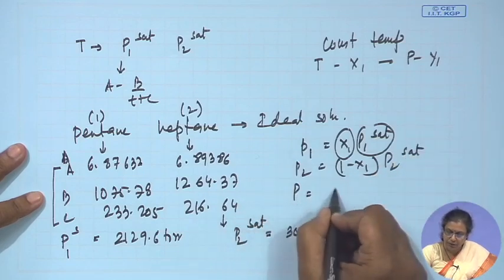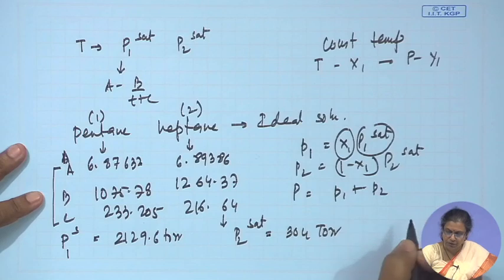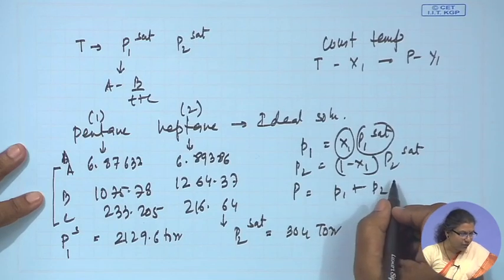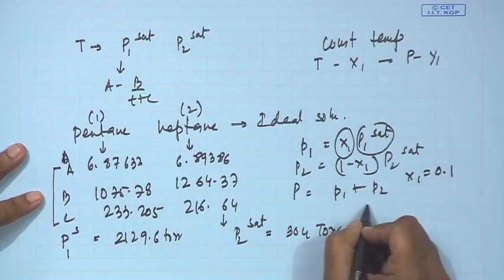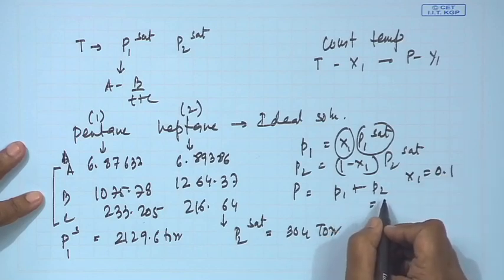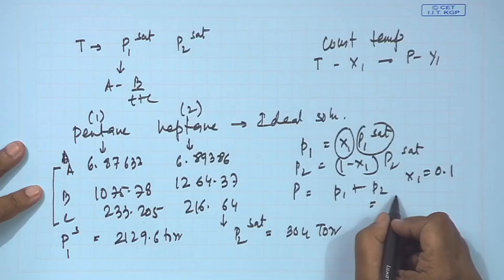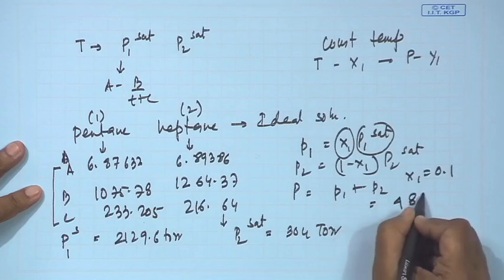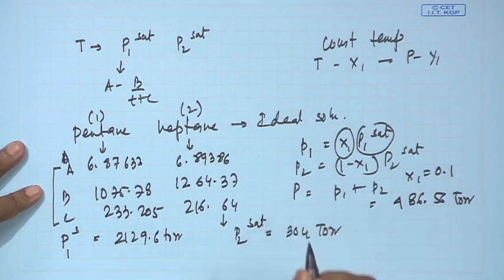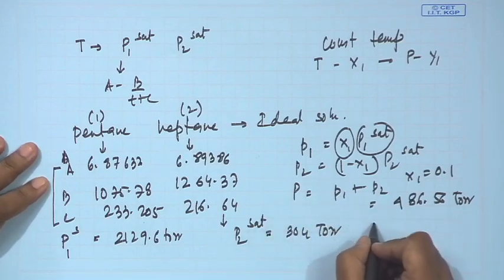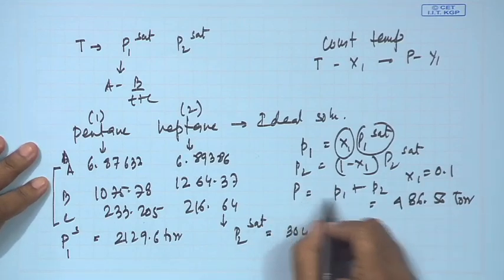You know the total pressure P equals P1 plus P2. So, therefore, you can calculate that out. Say for x1 equals 0.1, I will just give you the values so that you can check it. For x1 equals 0.1, you get more or less P equals 486.56 torr.